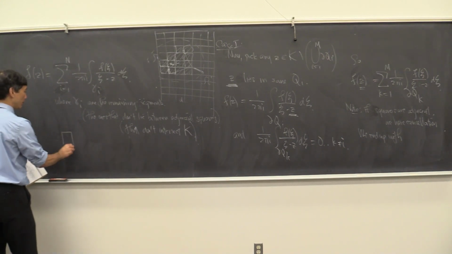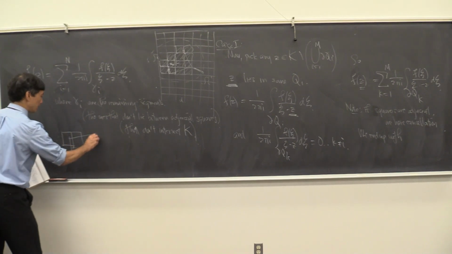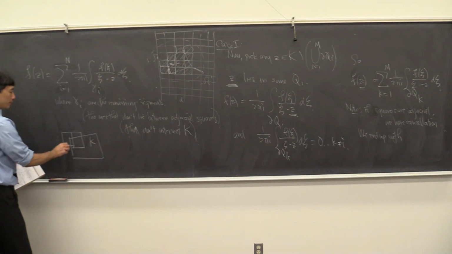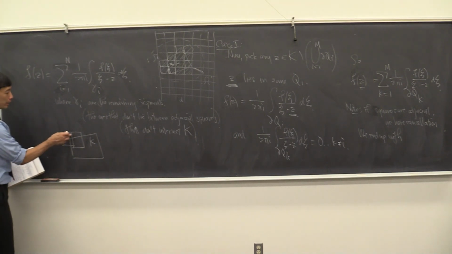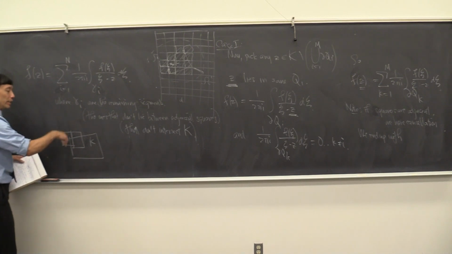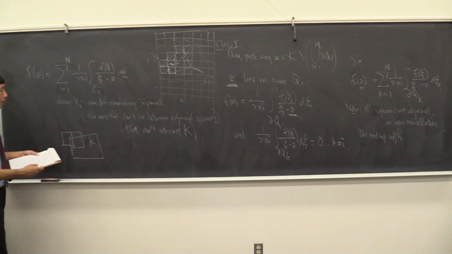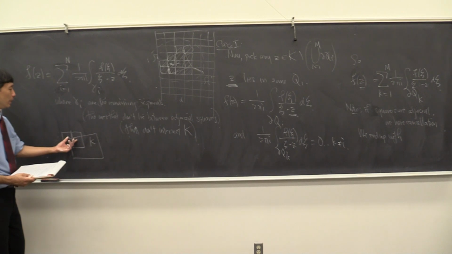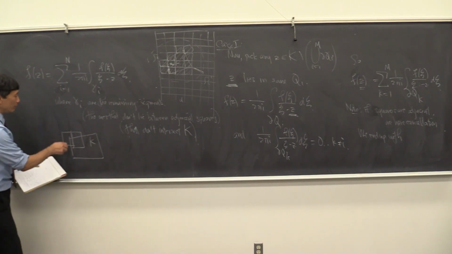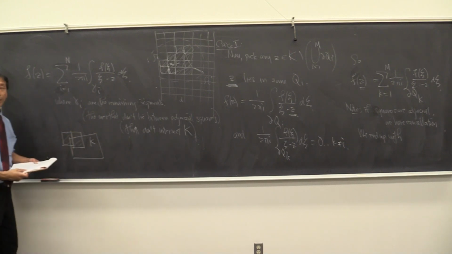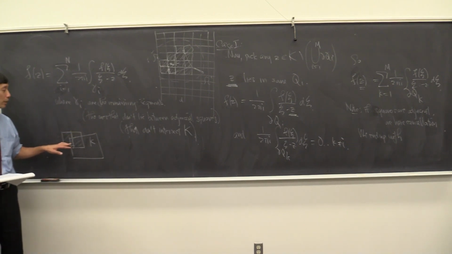Whenever you have two cubes and, let's say K is this object here, then if this edge intersects K, that means that on both sides, this edge going one way and this edge going the opposite way, both of these cubes are contained in our collection.